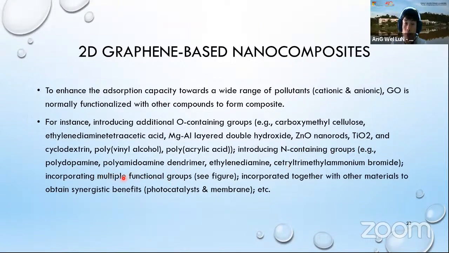Or we can incorporate multiple functional groups. Okay, see the figure. Later on in the examples, I'm going to show you the functional group being attached to the graphene materials. And then we can incorporate it with other materials to obtain synergistic benefits such as photocatalyst and membrane. Okay, so those are the many strategies that could be used to produce the nanocomposite.